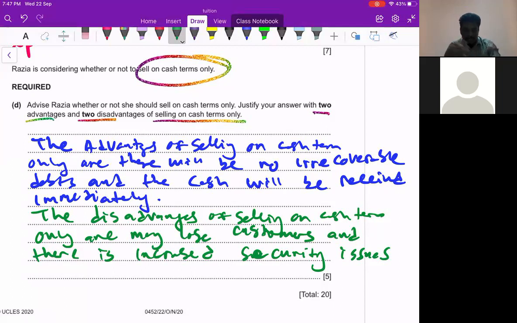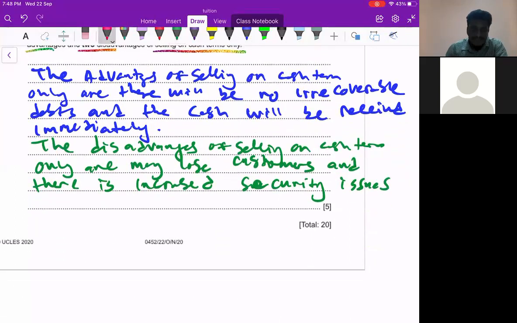So you keep a lot of cash in the office. You either need to go straight to the bank, or keep all the money in a safe in your company. If you sell in credit terms, some people will pay bank transfer, some give you a check. But whenever it's cash terms, they will pay you only in cash. So there's increased security issues.